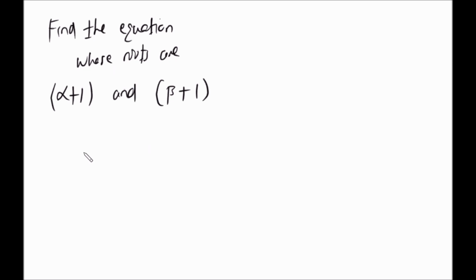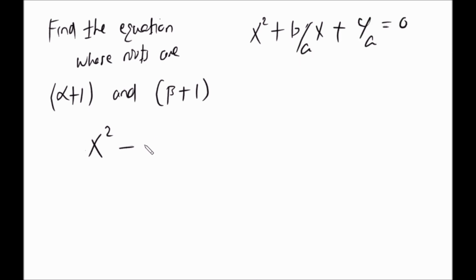So the equation is x squared plus b over a x plus c over a equals 0. Negative b over a is the sum of roots.